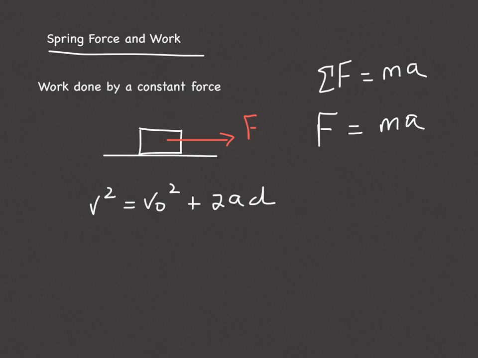And we're going to relate it to work because it has the distance in there. If I manipulate this for acceleration, we would get that. So I'm going to take this and plug it into our Newton's second law.